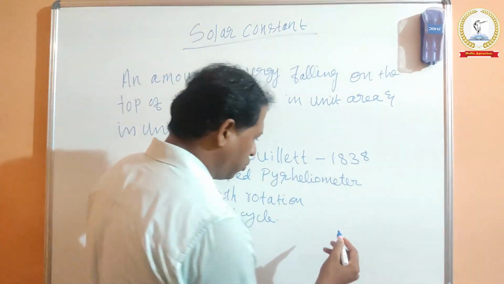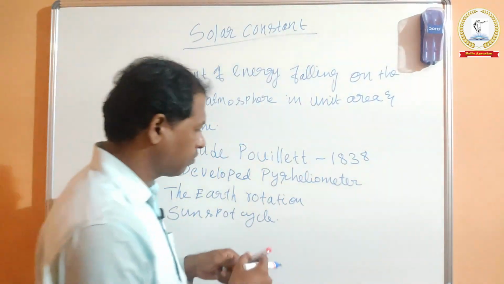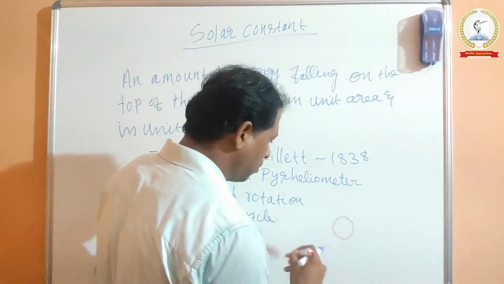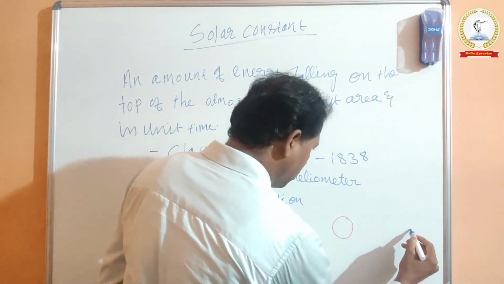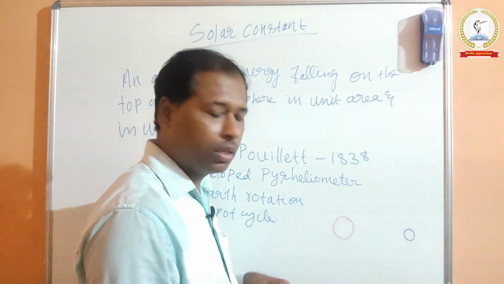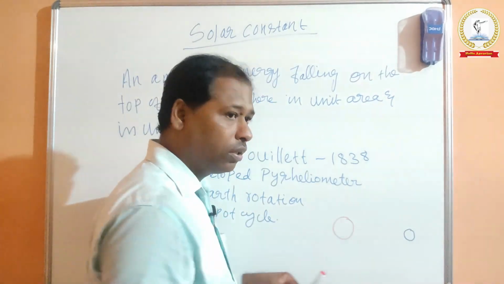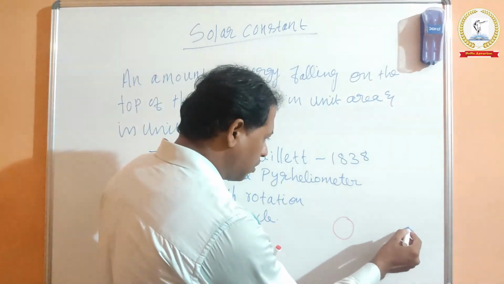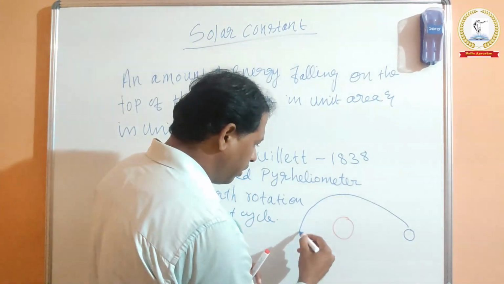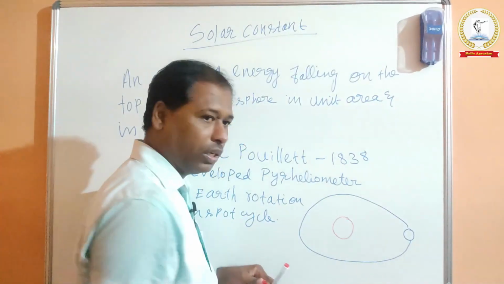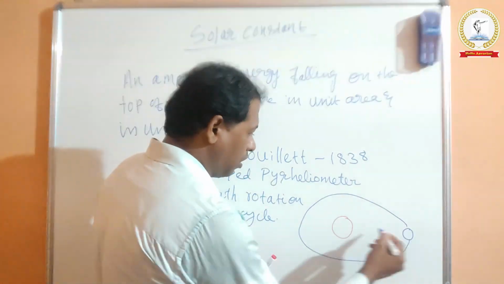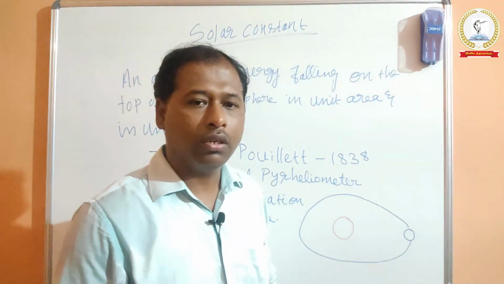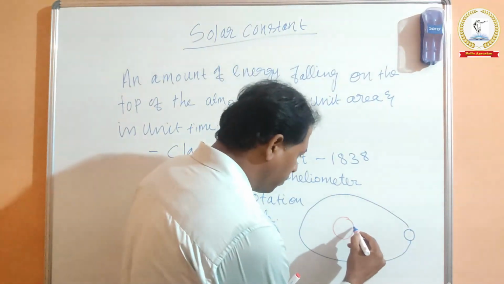So suppose for example, this is the sun and this is the earth. Okay, so our earth rotates on its own axis and it revolves in an elliptical orbit. So when the earth comes closer to the sun, that is called perihelion.